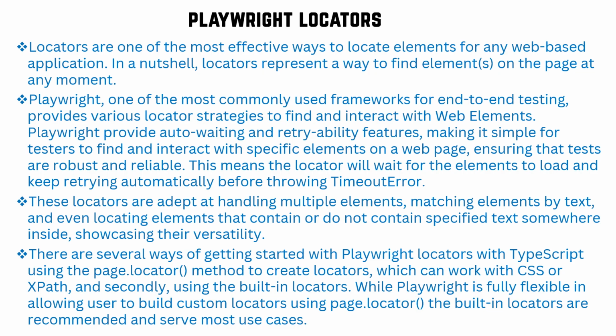Suppose in any office there are 2 or 3 persons where everybody's first name is A, and last name is B, C, D. So in case you want to identify the person with first name A, you'll be getting 3 options. But in case you are chaining first name and last name, first name A, last name B, you'll be getting the unique person. So this is the way chaining occurs. Sometimes in case you are not able to identify the element uniquely, you can use the chaining locator strategy.